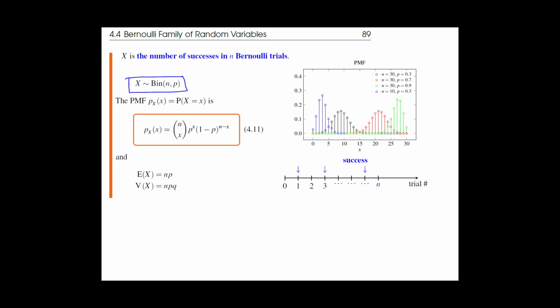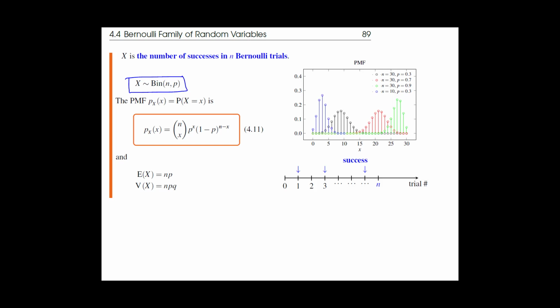So if you're going to have X successes in these n trials, and the successes are the arrows that you see here. So it's 3 in this case, right? So if you're going to have X successes, it means that you're going to have n minus X failures.